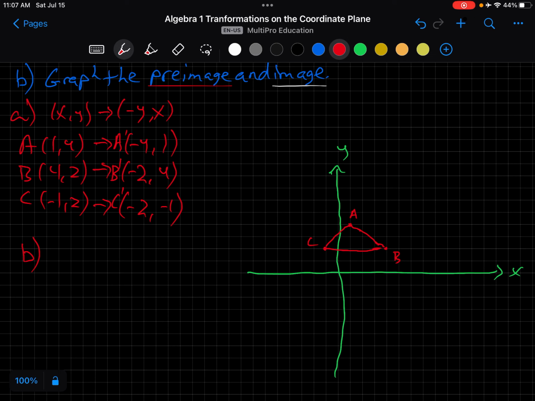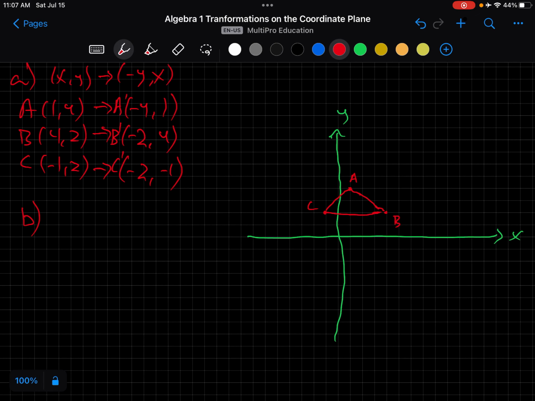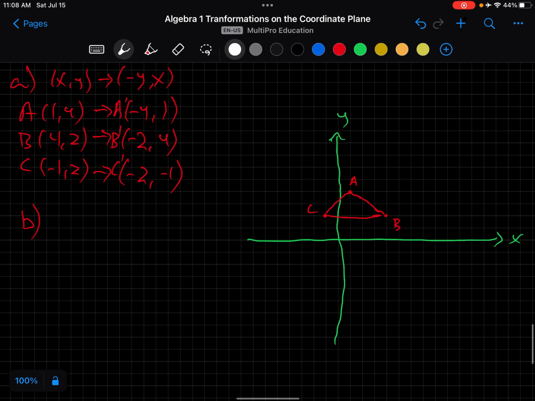Alright, so let's connect these to make a triangle, because that's what we're drawing, right? Okay, so we have rotated this 90 degrees counterclockwise about the origin. So we're going to end up in a new location, and we're going to draw that in white. Okay, so then we end up with negative 4, 1. Here's A prime. All right, B is negative 2, 4.